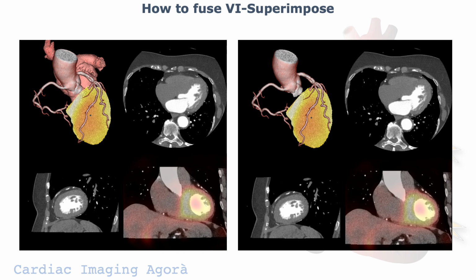Once you're happy with your coronary artery segmentation, you move on to the next step, which is the superimposing of the two imaging modalities. Usually the algorithm just superimposes or fuses both the MPI and the CT images automatically, including also other structures.